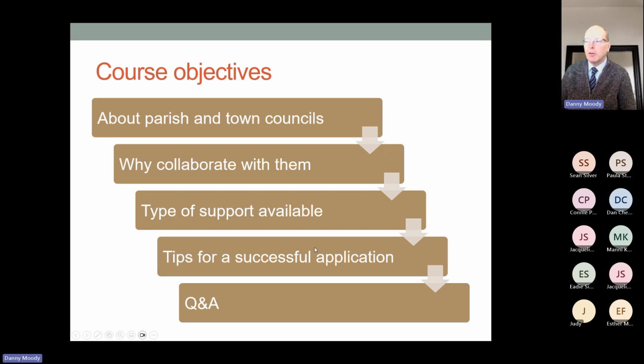So we're going to talk just a little bit about what parish and town councils are, why it is often useful and powerful for voluntary and community sector organisations to collaborate with their local council, what type of support is available to voluntary and community sector organisations, some tips for a successful application. I'm not really looking at grant writing tips there, I'm talking about tips for working with a parish council, and then there'll be an opportunity for questions and answers at the end.